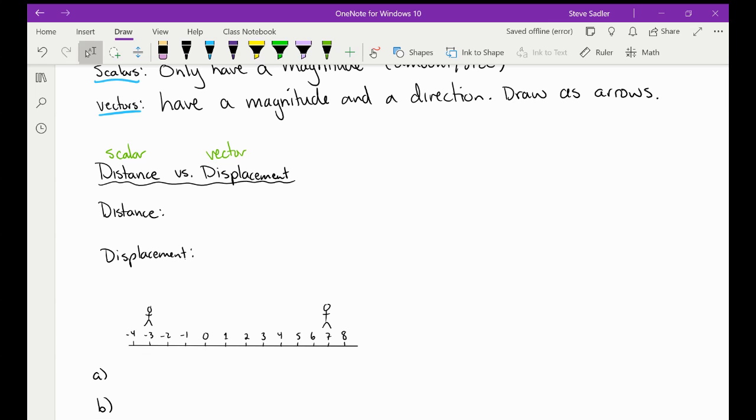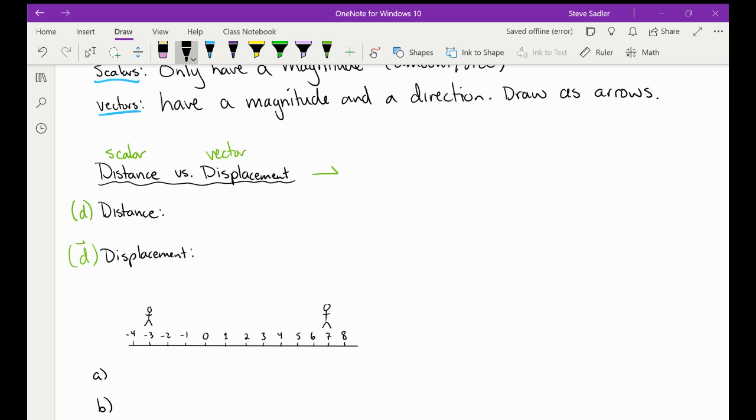So distance we represent with small d, and displacement is also a small d, but because it's a vector, we put this little vector sign up on top of it. It's like a little half arrow, like that. So anything that's a vector, whenever you're writing it down, needs to have that arrow symbol, and anything that's a scalar doesn't have to.